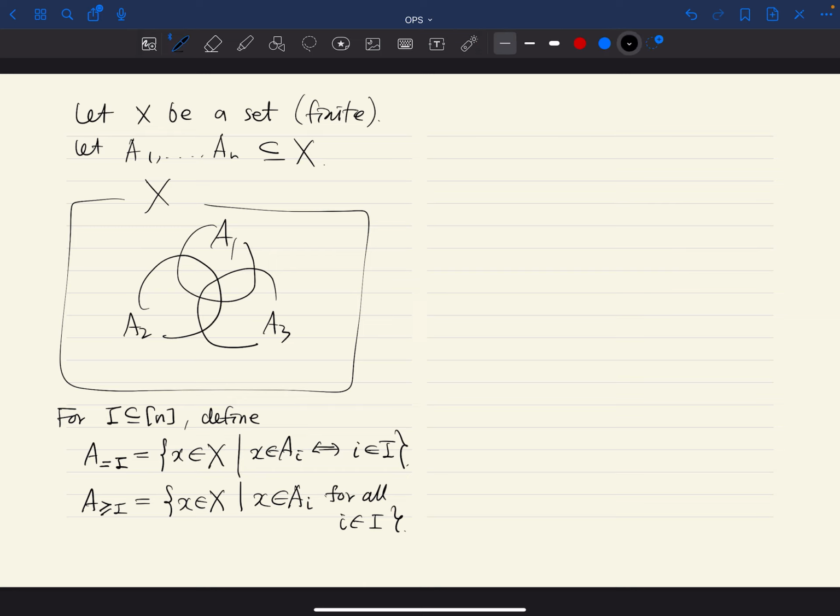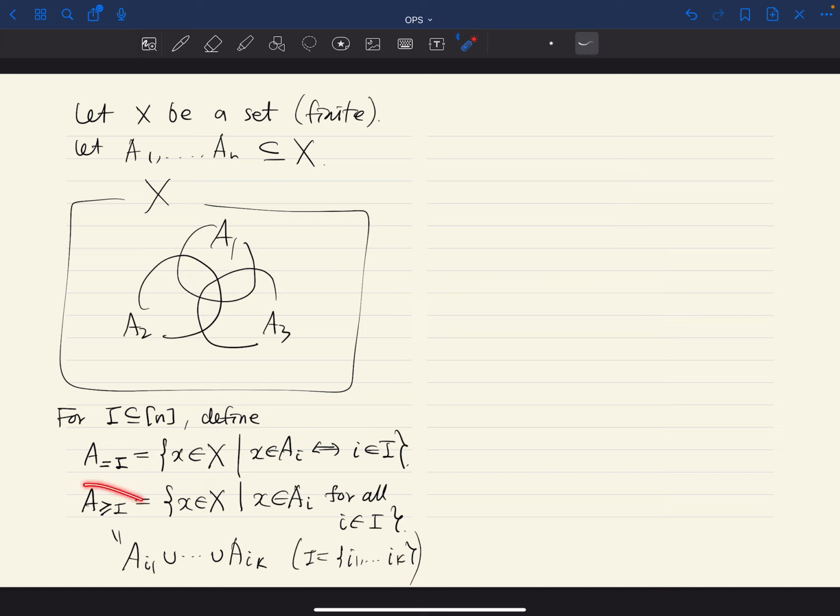But actually, if you think about it, this is nothing but the intersection of A_{i1} through A_{ik} if I is {i1,...,ik}. It's nothing but taking the intersection of the A_i's in I.